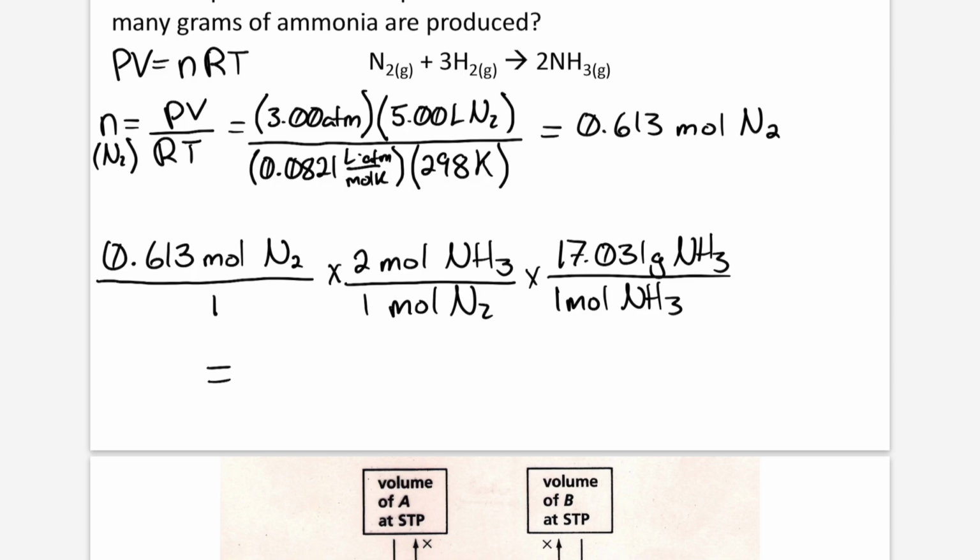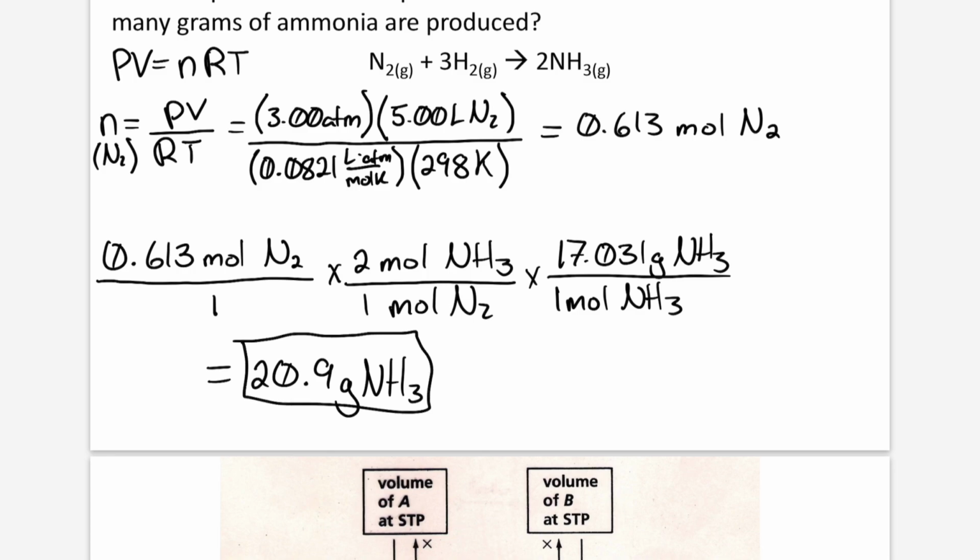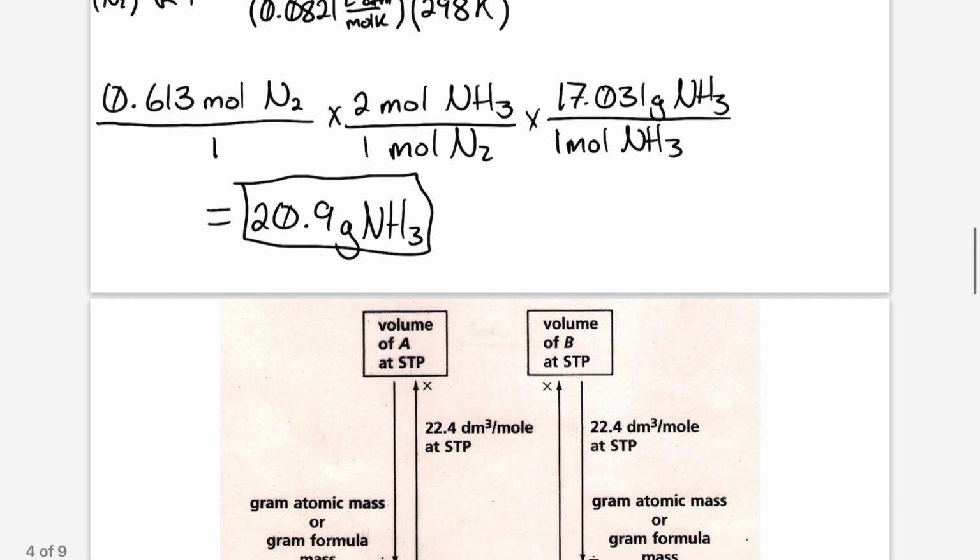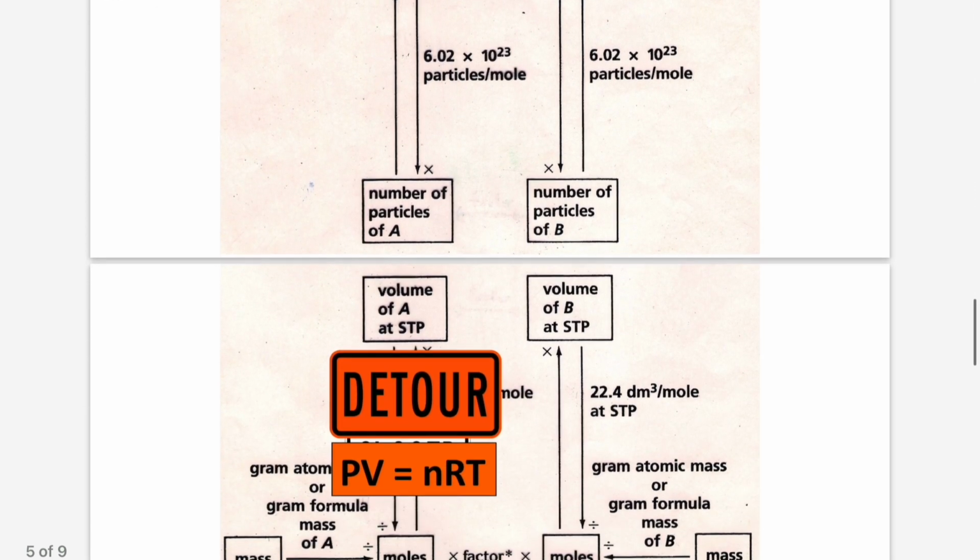And our final answer comes out to 20.9 grams of ammonia. Let's look at another example.